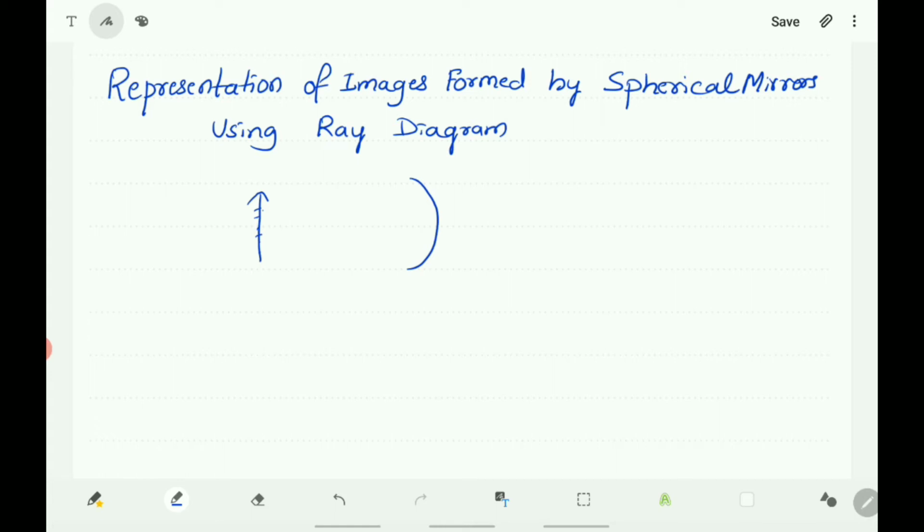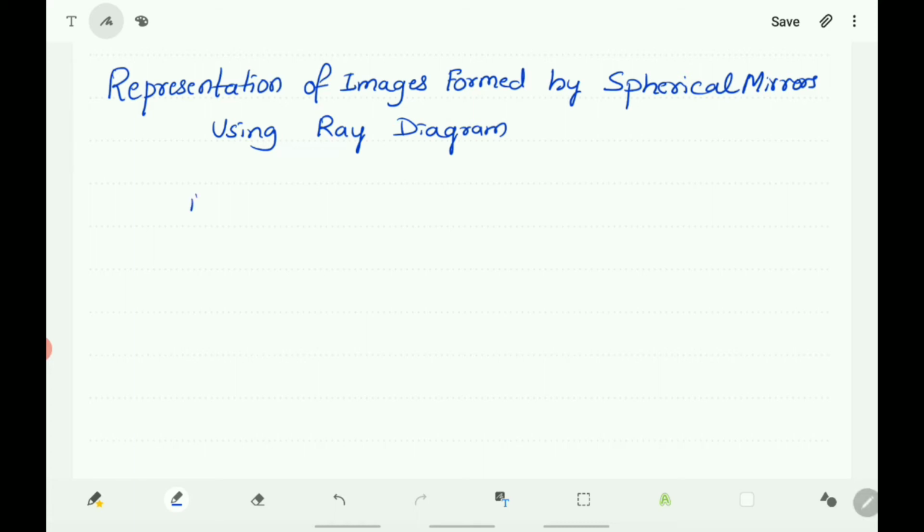There are 4 rays whose reflection can be easily noted. Out of these 4 rays, we can consider only 2 rays to locate the image. So which are those 4 rays?